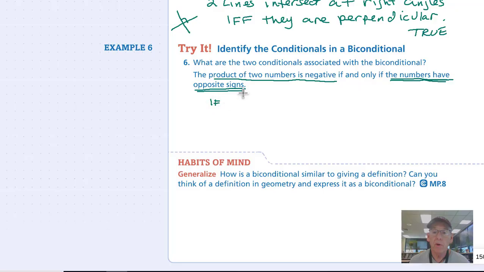So if the product of two numbers is negative, then they have opposite signs.